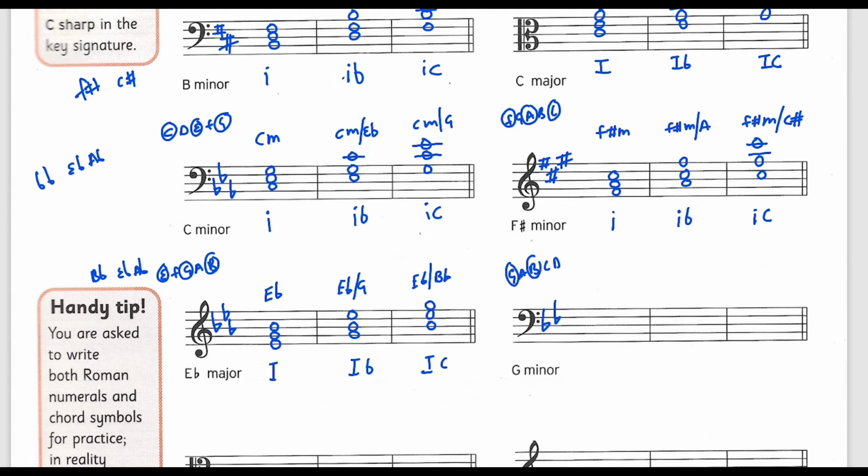We're gonna use G, B, and D. So let's start from G here.